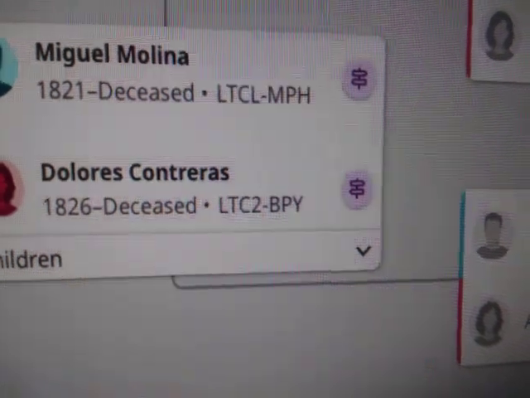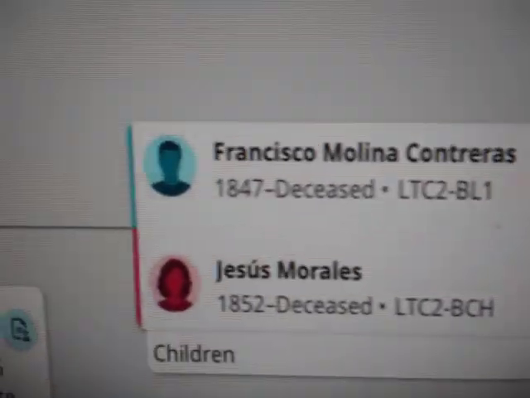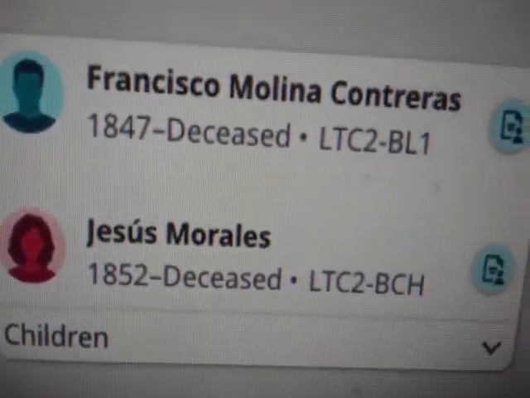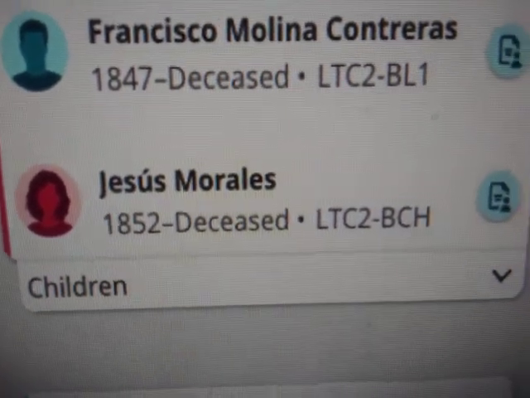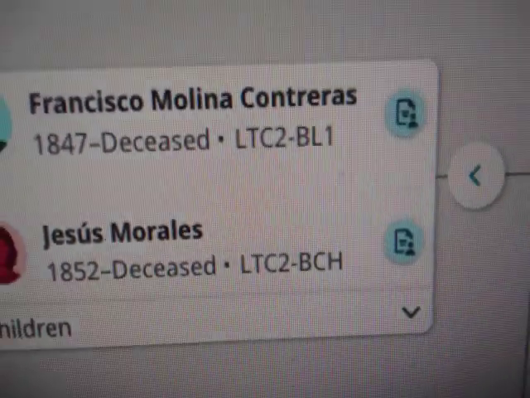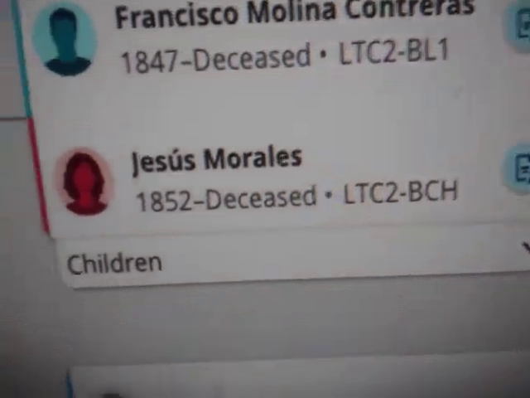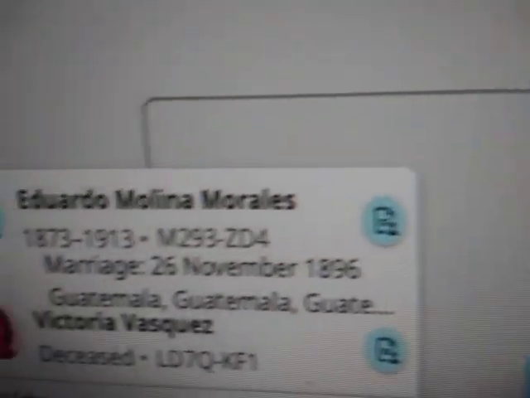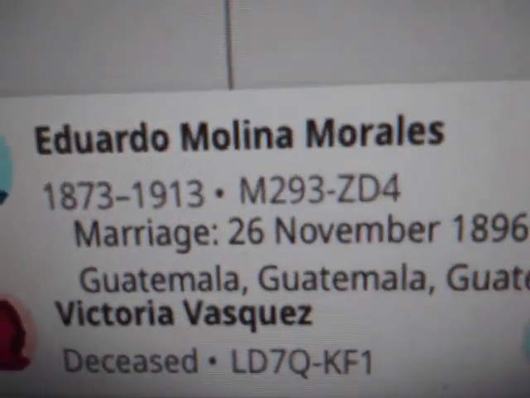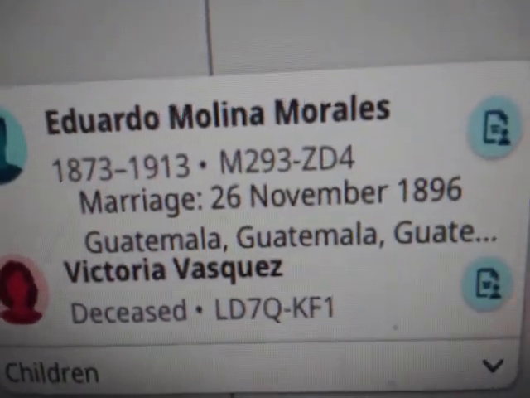Now, they have a son. If you click on children, you will see this son, but that doesn't mean that they just had one son. It's more likely they had more than one child, but we don't know. Francisco Molina Contreras, 1847, marries Jesus Morales, 1852. Again, we don't have her maiden name, and she has one child listed, which is Eduardo Molina Morales, Papawayo's dad.